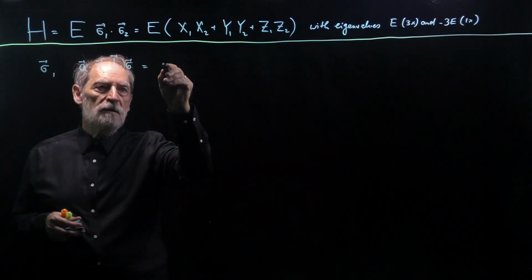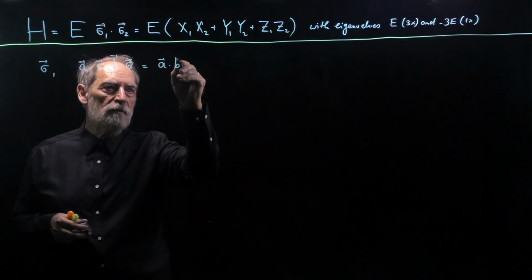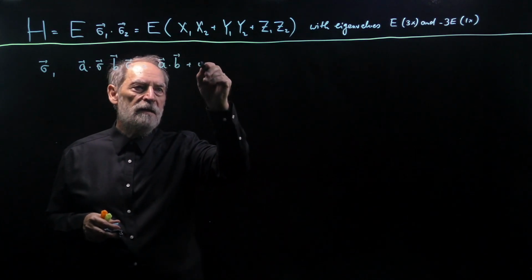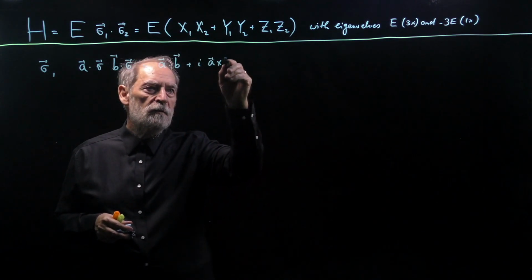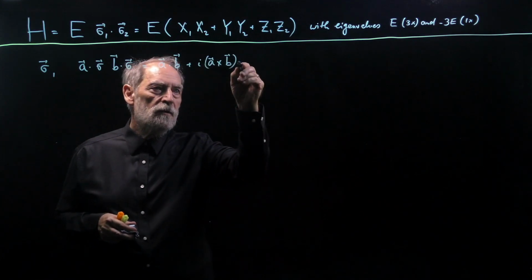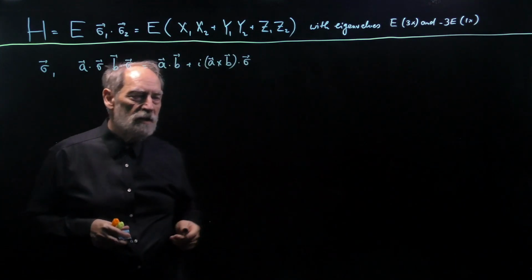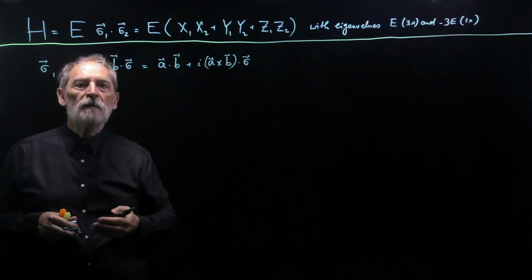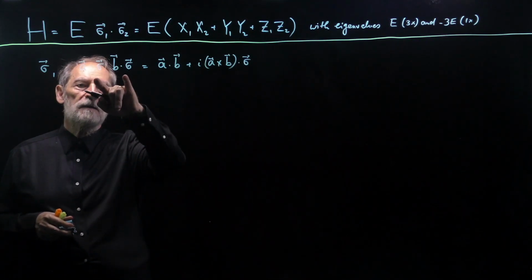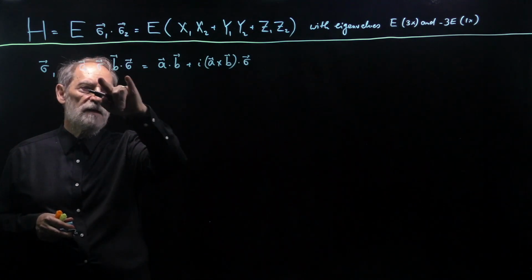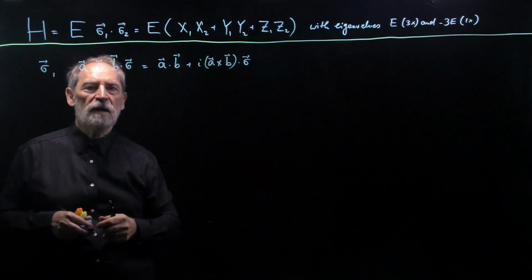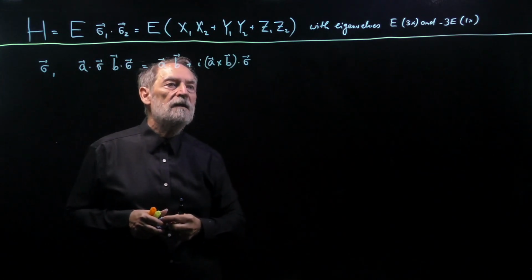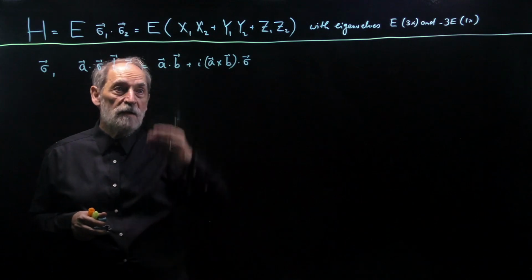Then this is equal to the dot product between the two vectors A, B times the identity, plus i times the cross product of A and B dot sigma, which is just an example of the fact that we have seen multiple times that any product of sigma operators in the end is a single sigma operator. Any function of the sigma vector operator comes down to just having the sigma vector operator once and perhaps multiples of the identity.